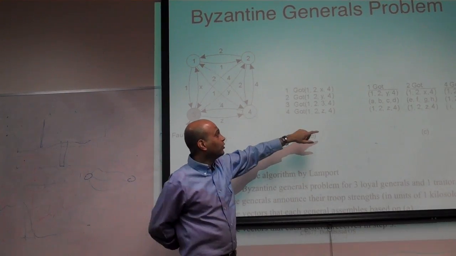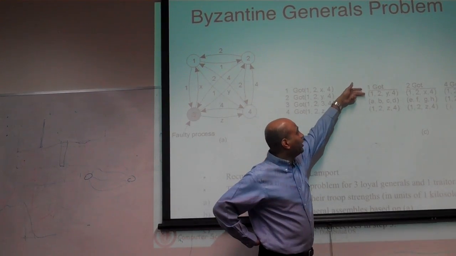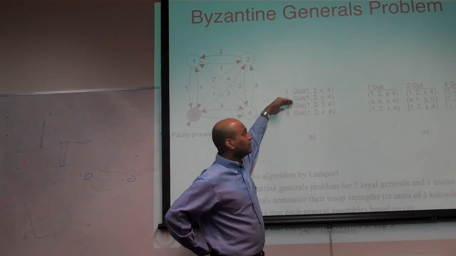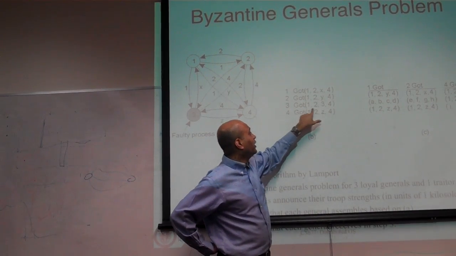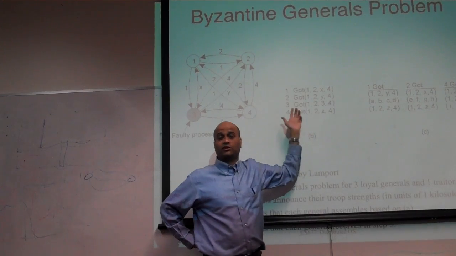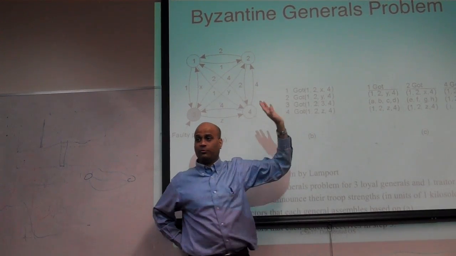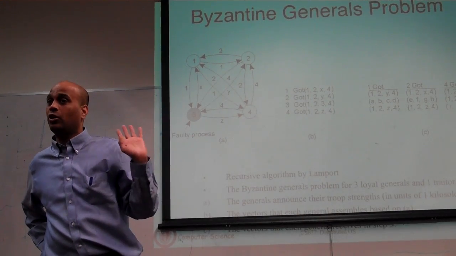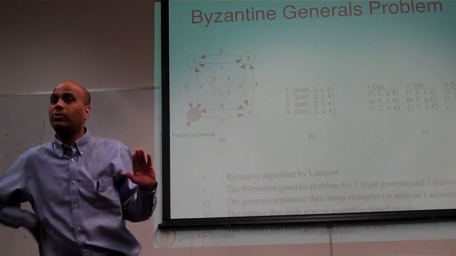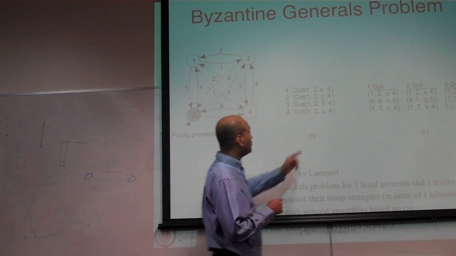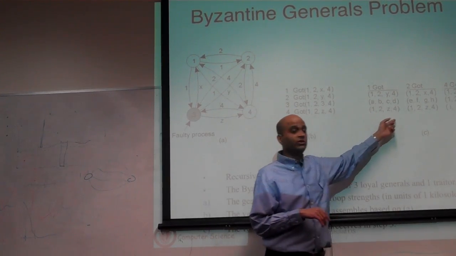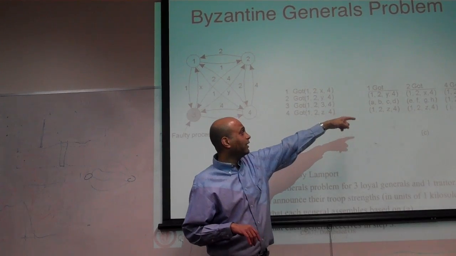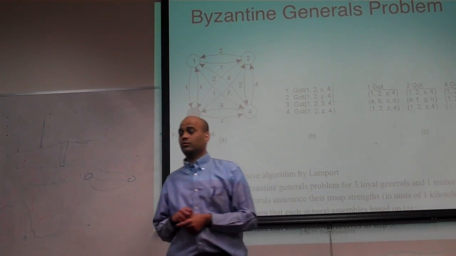At the end of the second round, 1 is going to get 1, 2, Y, 4 from 2. It's going to get A, B, C, D from 3, because 3 is a traitor. It can send whatever garbage it wants in the second round. It could send the right values, it could send the wrong values. We want the protocol to be oblivious of what it is sending. And 4 is going to send 1, 2, Z, 4. Then the same thing happens at 2 and 4.